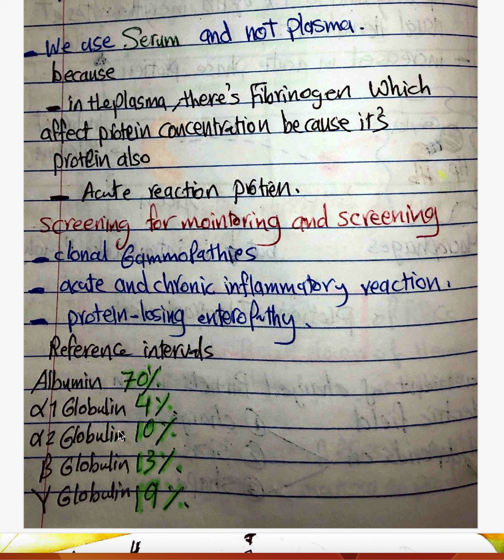About the first one, albumin, we can see here that albumin has the highest percentage, about 70 percent, but we want to know more information about albumin. Total plasma proteins, as we see here, are composed of albumin and globulin. Which one of them has the higher concentration?